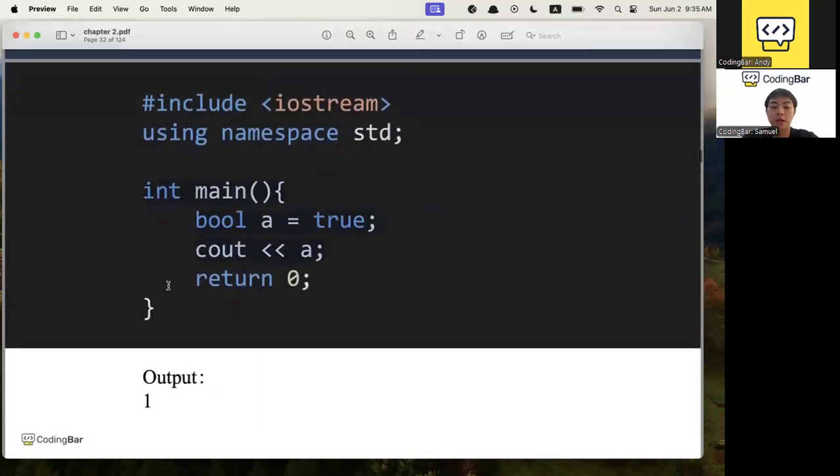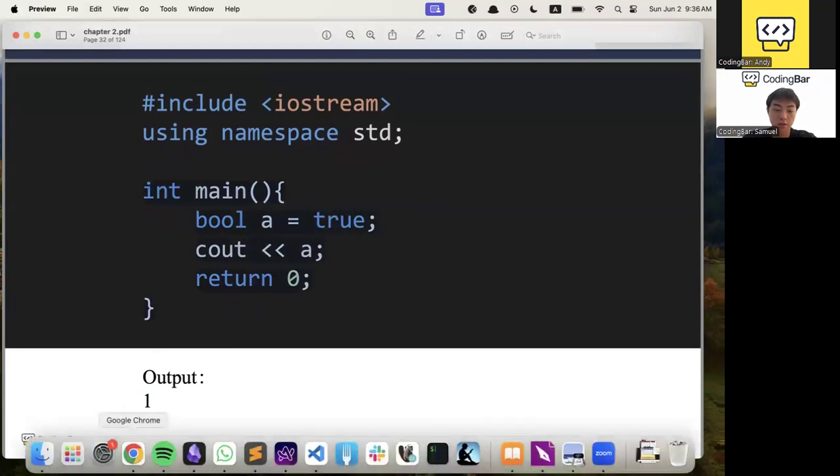We have an example here. First we have a Boolean type A, and we are assigning true to it, and then we're trying to print it out. So what will the output be? Maybe you thought it will be true, right? But it's not. It will be 1.